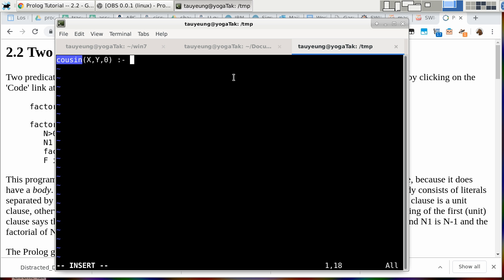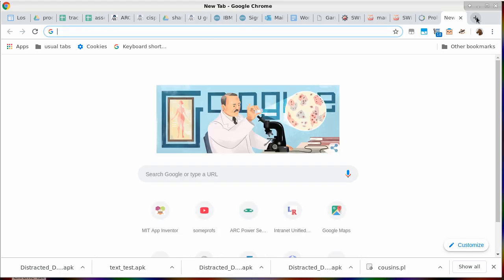Because you can define the second cousin using first cousins. You can define the third cousin using second cousins, and so on. So that's something you might want to think about, is how do we define cousins recursively. If you read online, you might actually find hints of how to do that already.